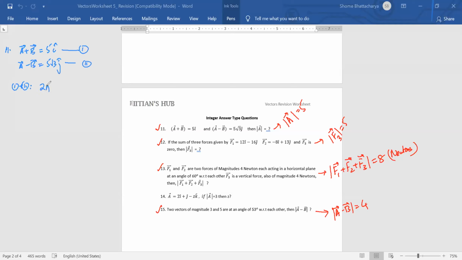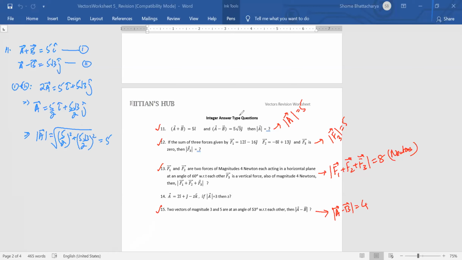So you get 2A is equal to 5 i cap plus 5 root 3 j cap. So that means vector A itself is 5 by 2 i cap plus 5 root 3 by 2 j cap. So the magnitude of A, which you can easily show to be 5. So that's your explanation of question 11.